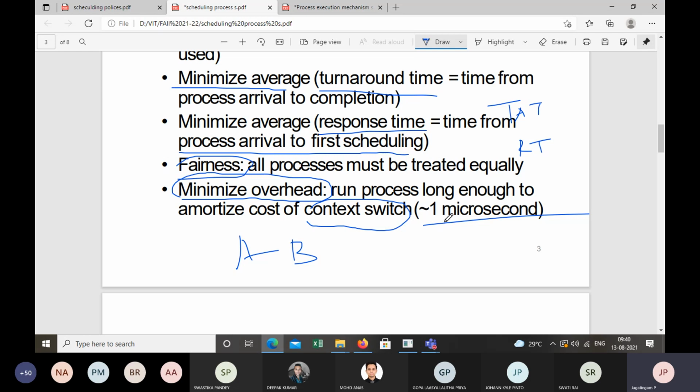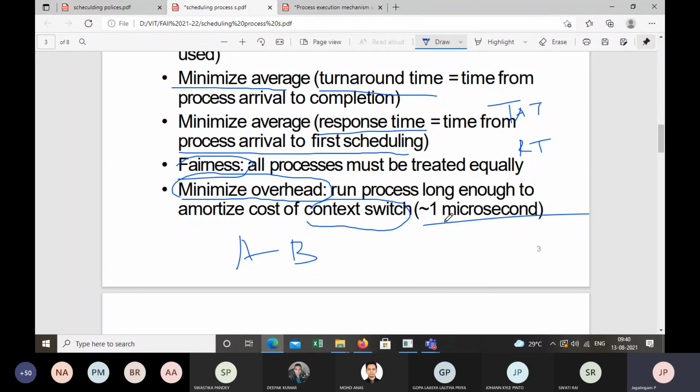When we switch from one process to another, the operating system makes a context switch. When we make a context switch, we need to save the PC of the process in the stack. So all this takes some time, and we want to minimize the overhead. That is, we don't want to switch processes too much.